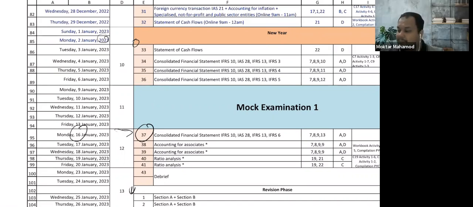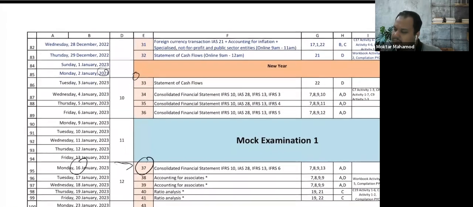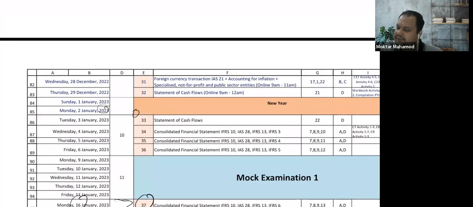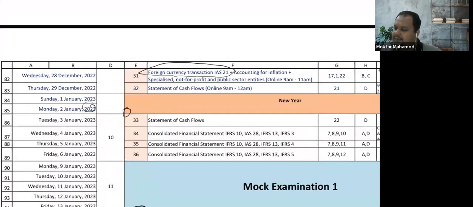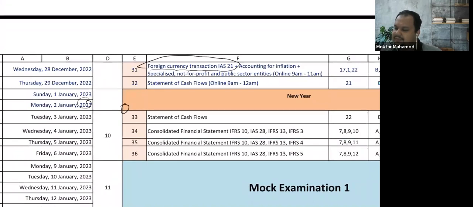Thank you. So as usual, for a quick recap, today we're going to look at a few multiple choice questions on foreign currency transaction, and then we are going to continue today with the statement of cash flows.